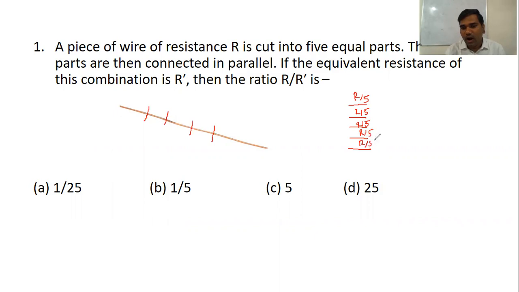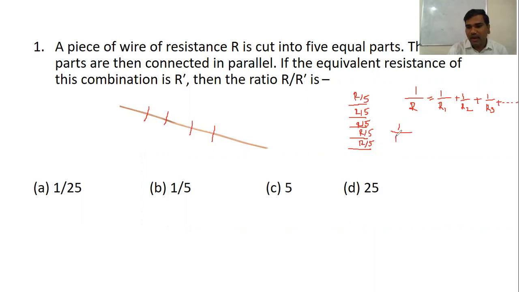Now after connecting them in parallel, we know the formula 1 by R is equal to 1 by R1 plus 1 by R2. When we connect resistors in parallel, this is the formula we will use. Now we have 5 resistors.